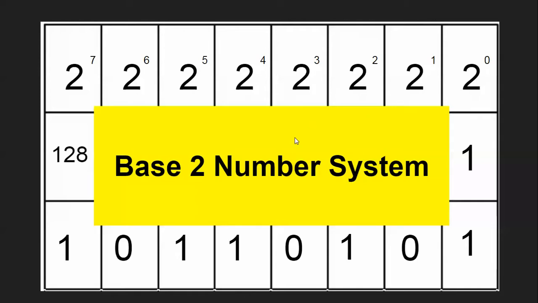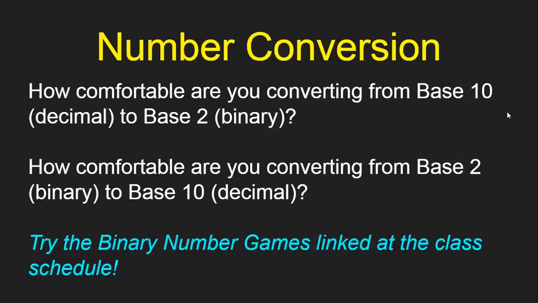At this point, we are familiar with going from the decimal base 10 system to the base 2 or binary number system. Well, that's not all we need to know in this class. You should look at this as your starting point. You want to be really comfortable converting base 10 to base 2, and going from base 2 to base 10. If I give you the number 102, you should be able to plug that into the flippy-do fairly easily and figure out the binary for that.